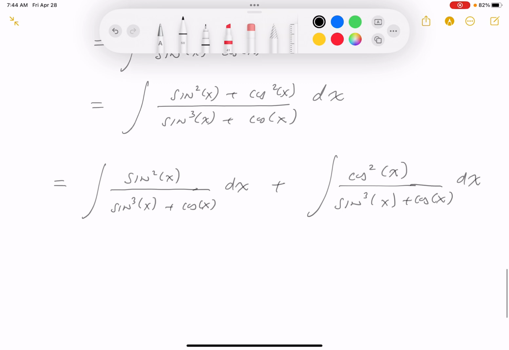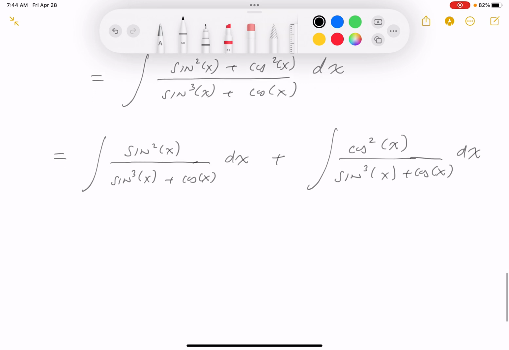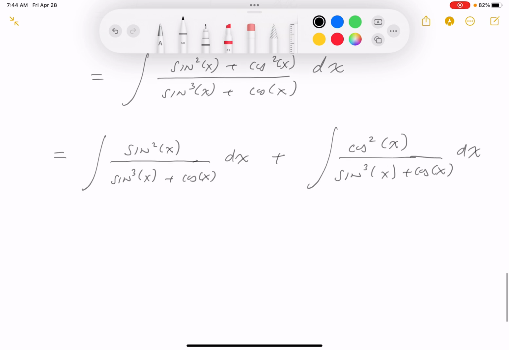All right, let's keep going. And I think I can do some things with this. I'm going to think about it for a second.